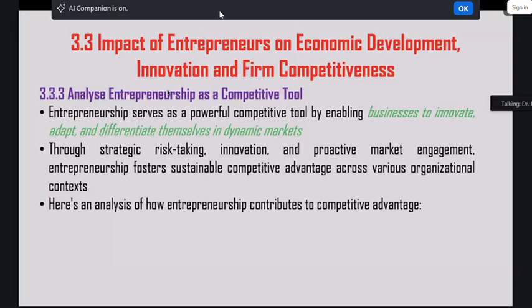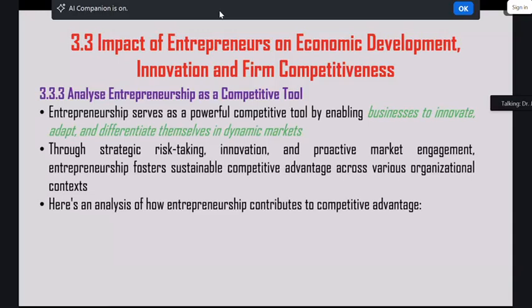So far, we have covered two parts: the impact of entrepreneurship on economic development, as well as the impact of entrepreneurship on innovations within firms. Then we need to finish up the third part, on the impact of entrepreneurship on competitiveness. That means we will analyze entrepreneurship as a competitive tool.